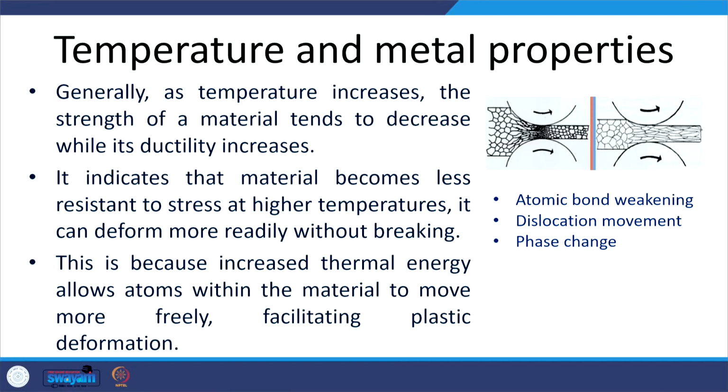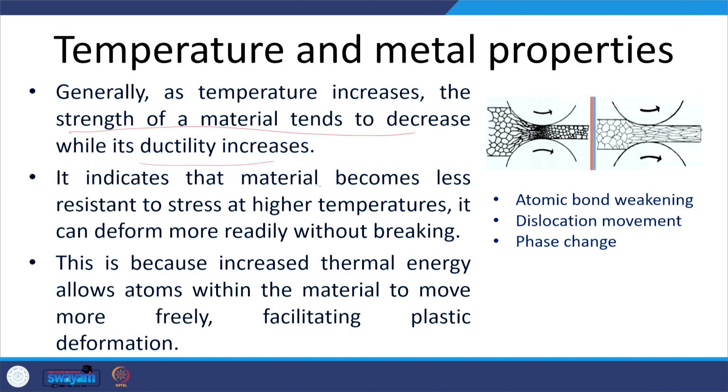Okay, what happens when metal is subjected to heat? We know that most metals at room temperature show high strength and lower ductility, but when a metal is heated to a high temperature, the strength tends to decrease while ductility increases.